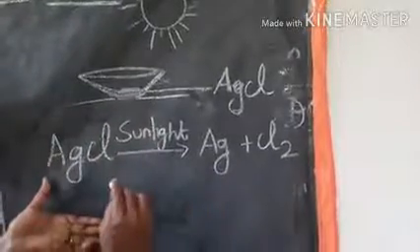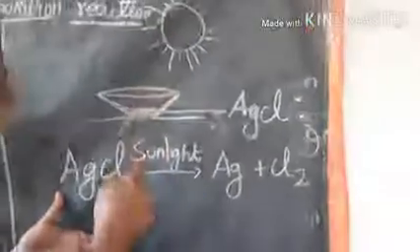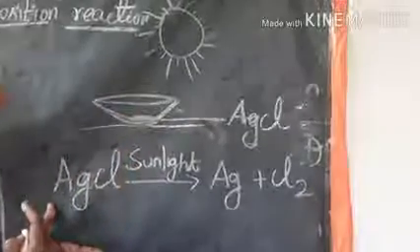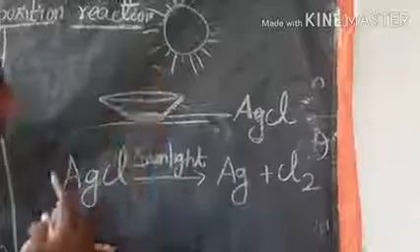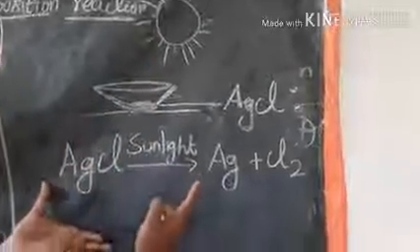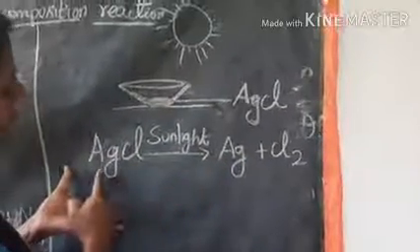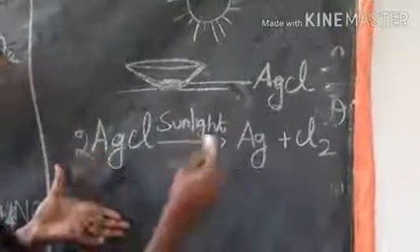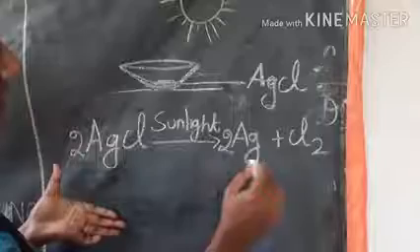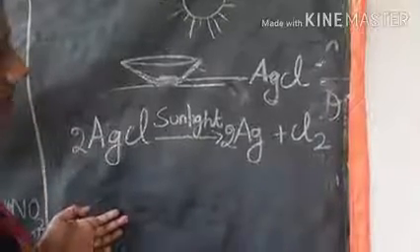Okay, here due to sun the reaction took place. So it is photolytic decomposition due to light. Now we have to balance the equation. Here silver 1 is balanced, but chlorine is 2. So you have to put 2 here, and if you put 2 here, that is balanced.